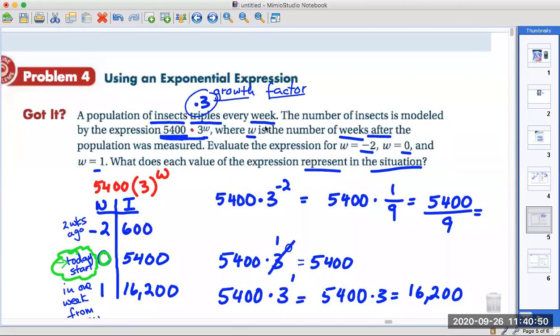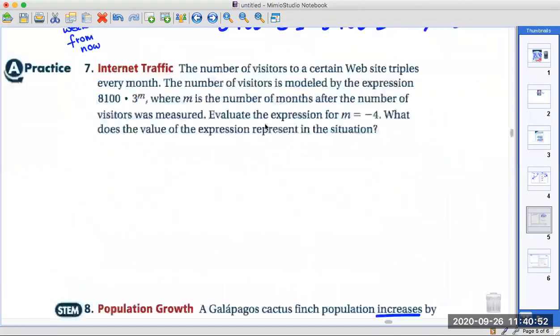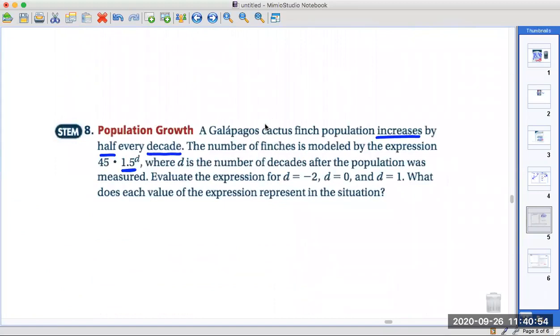Insects every week. Now they're talking about a decade. What's a decade? 10 years. Okay, so every decade it grows by half, not doubling. Doubling is different. It's growing, but only by half, 1.5.